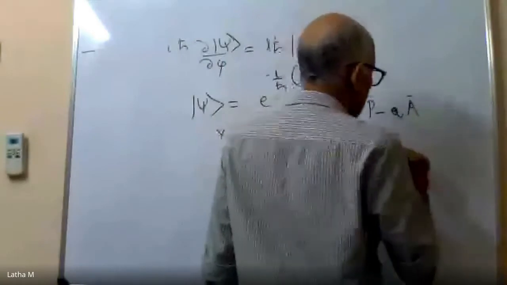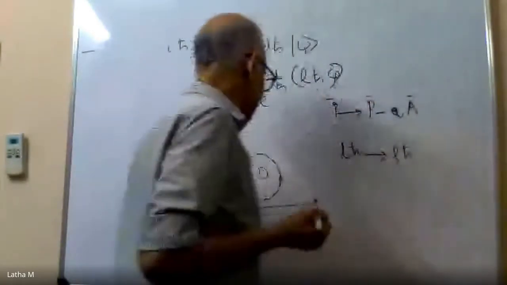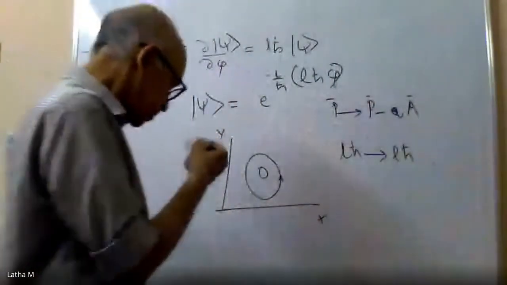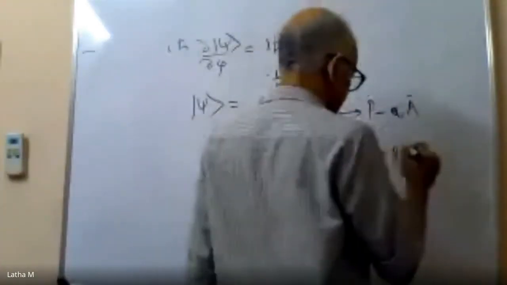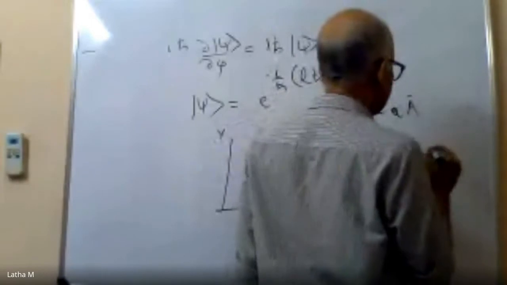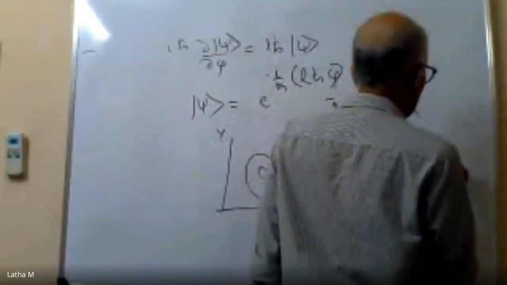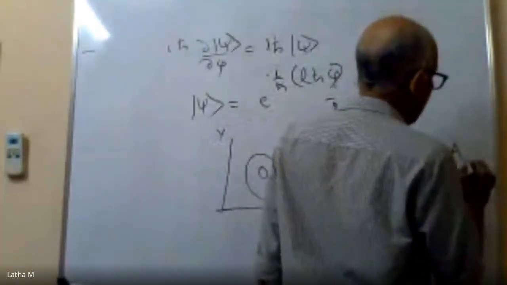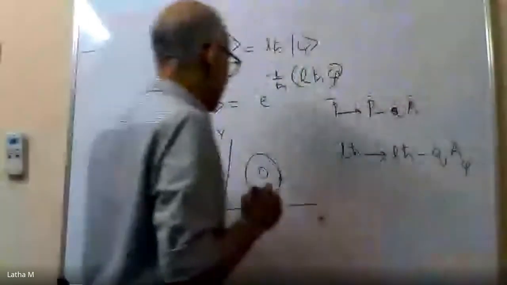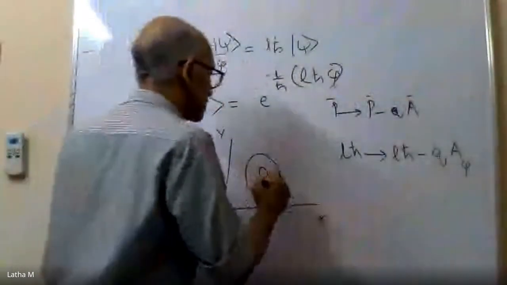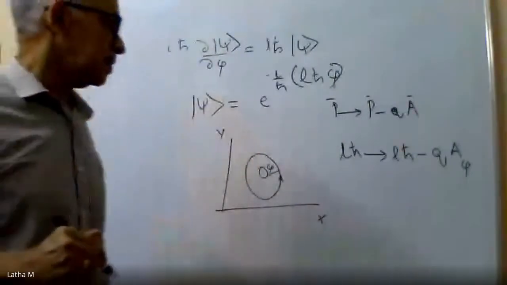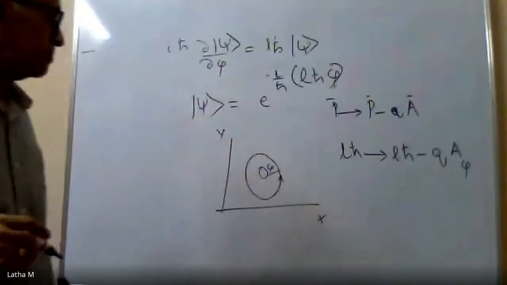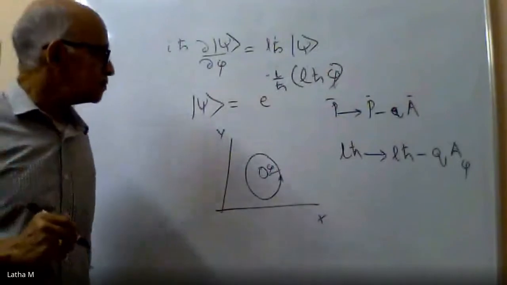The angular momentum is caused due to the motion in the XY plane, therefore I can write L h cut is changed to L h cut minus Q A phi. Here phi is this angle, small phi.